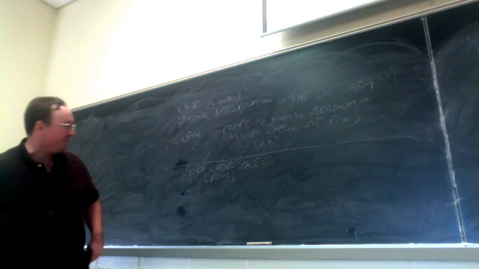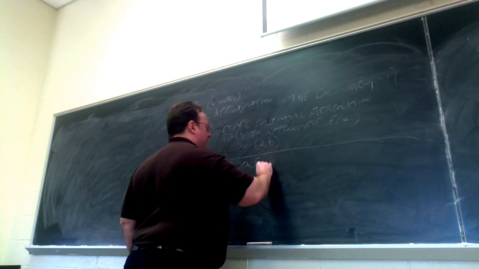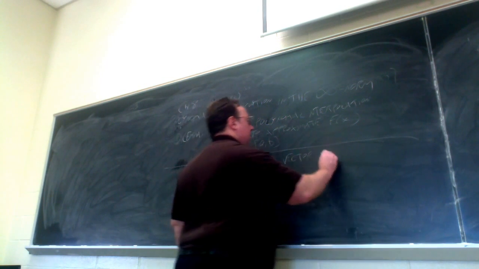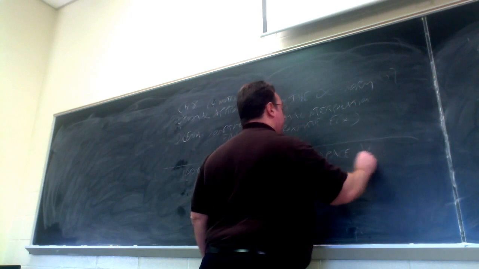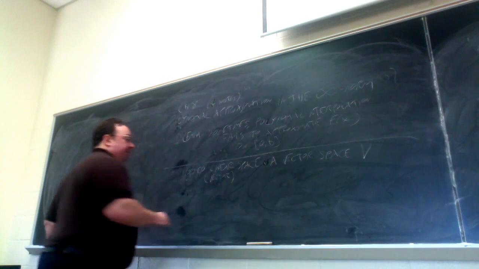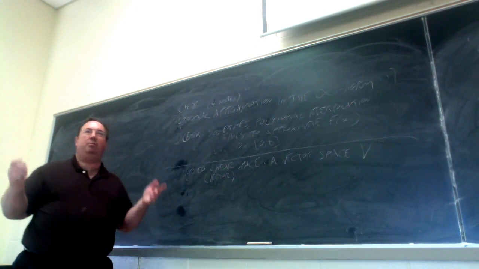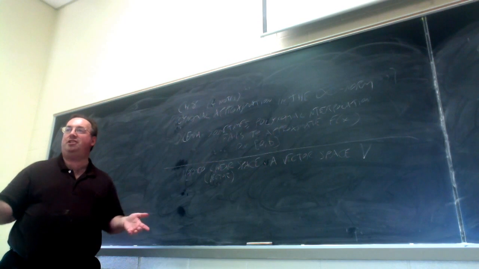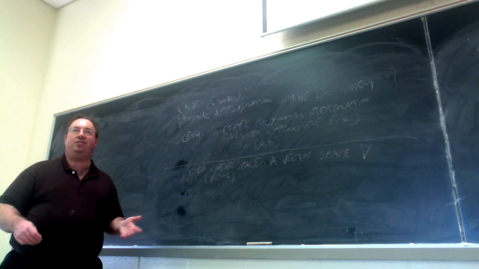So a normed vector space is a vector space V, and basically a vector space is a space where we have vectors, and the operations you can perform on them are addition and scalar multiplication.